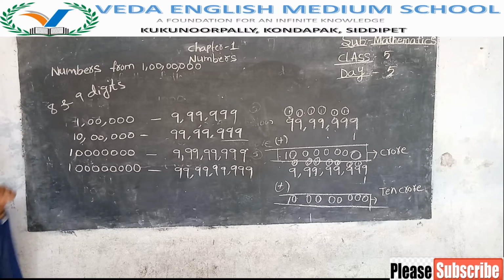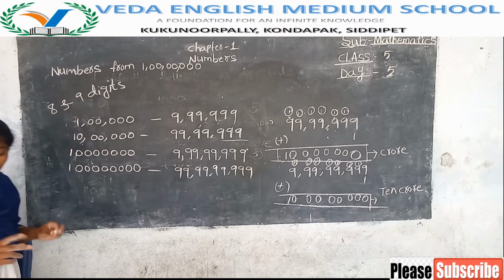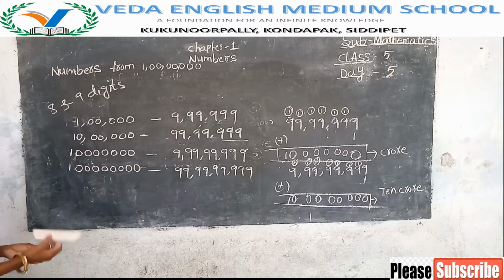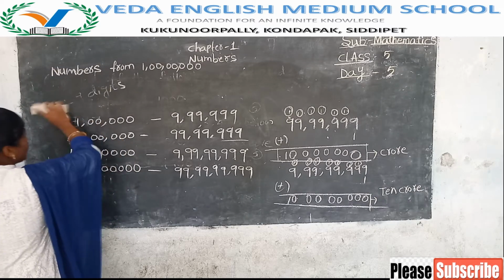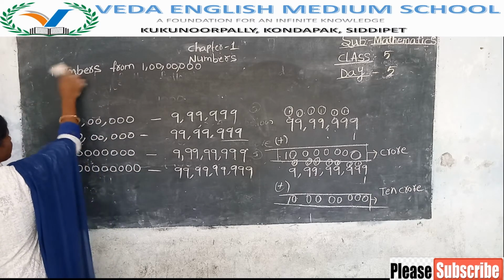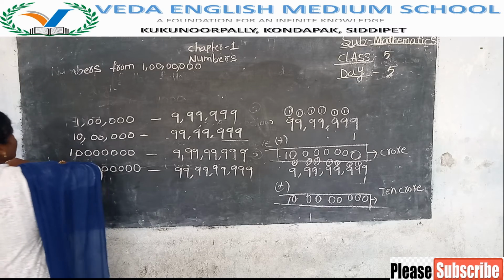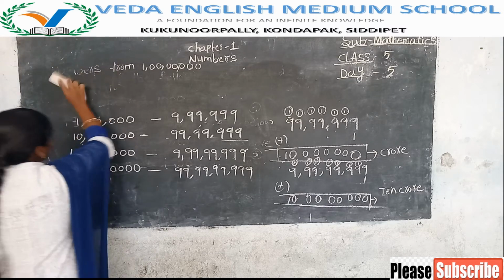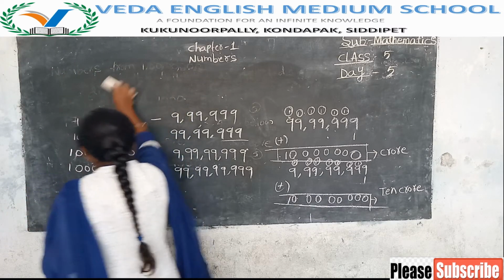So we will write this box from 1 digit to 9 digit. Afterwards we will learn about the Indian system placement. Numbers from 10 crore. Before going to that, I will draw one box.